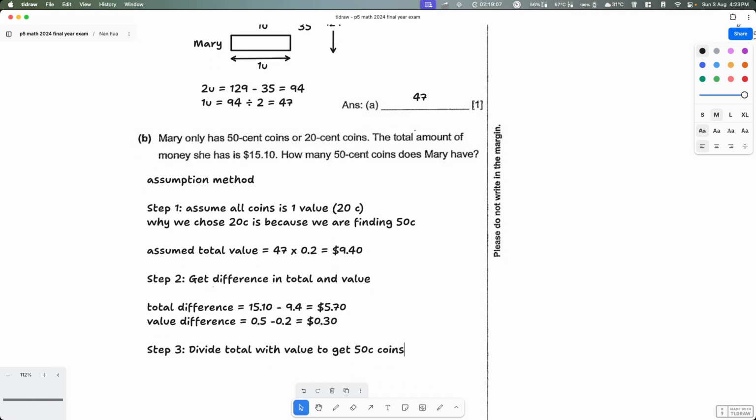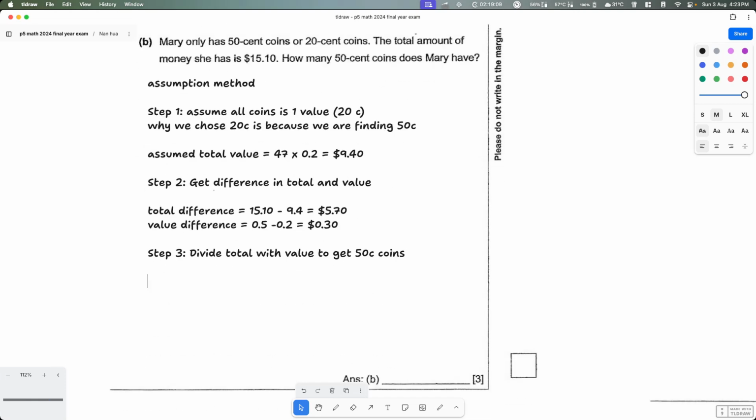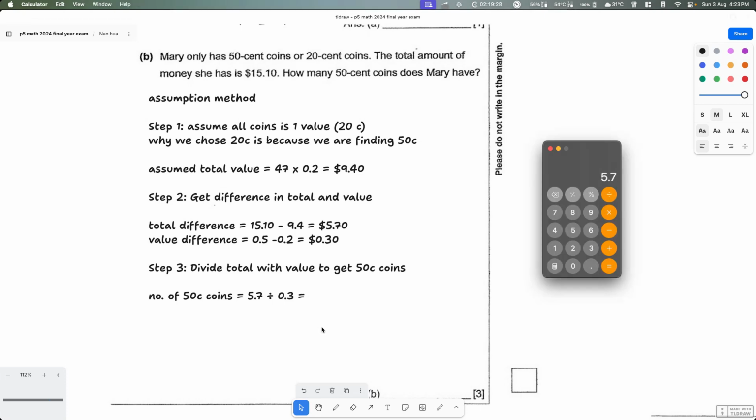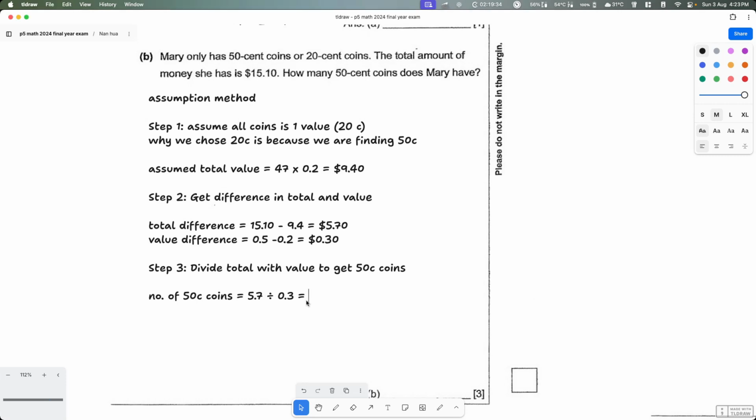So the number of 50-cent coins is equal to 5.7 divided by 0.3. Wait, 5.7 divided by 0.3 will give us 19. So 19 coins.